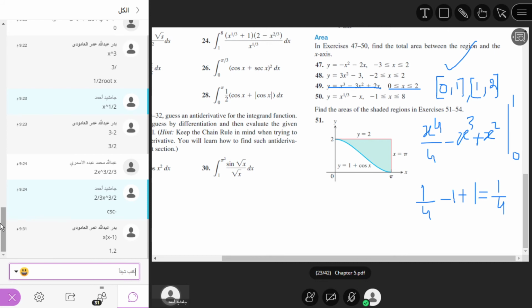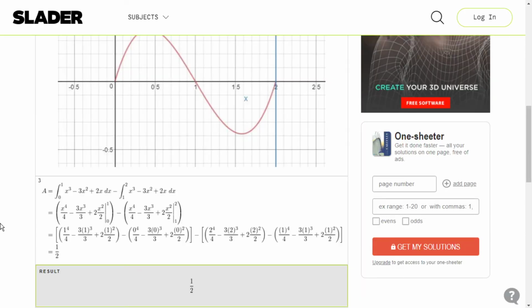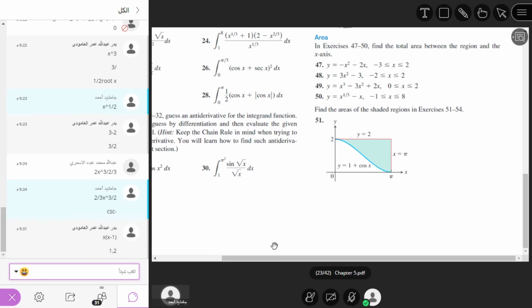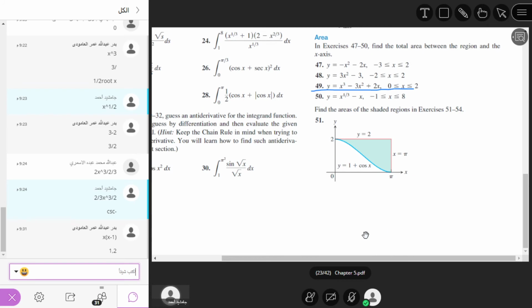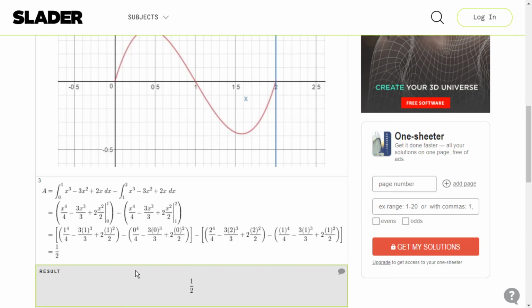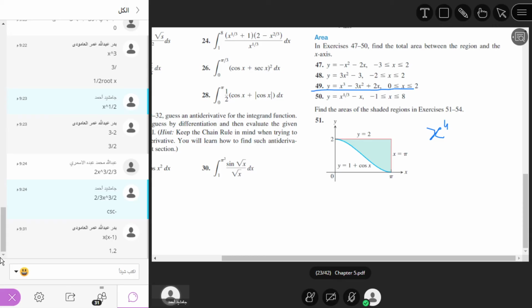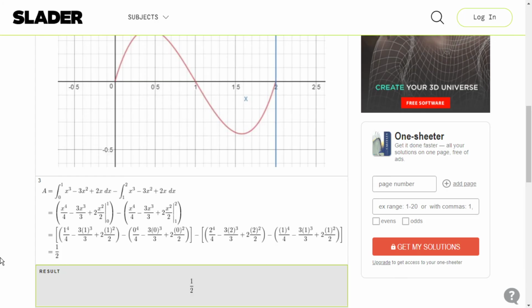Now if we have to find the definite integral over the subinterval 1 to 2, question number 49, this will become x power 4 divided by 4 minus x to the power 3 divided by 3 plus x square. Now the upper limit is 2 and the lower limit is 1.